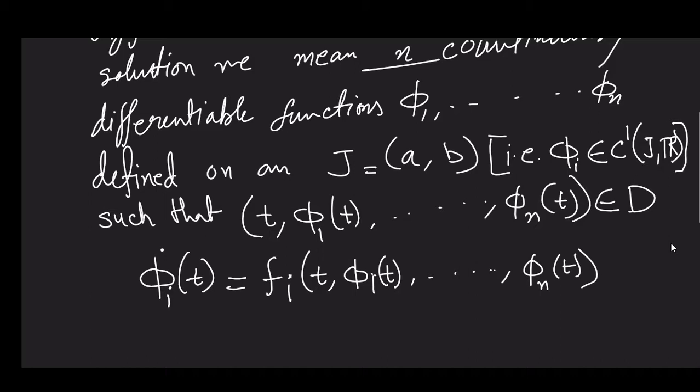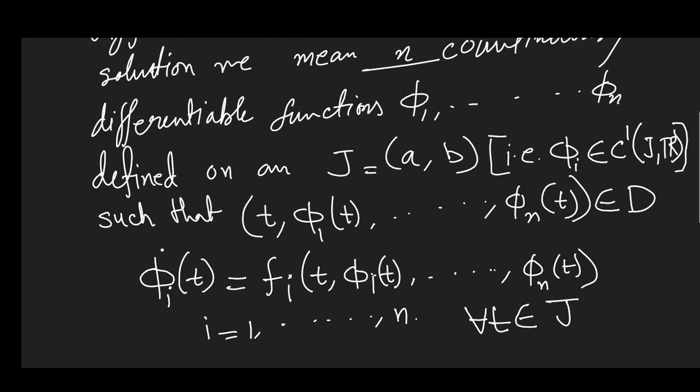Now this is for i equal to 1 to n, and this is true for all t that belongs to that interval J. So basically we are picking up a chunk of time, and within that time chunk we observe that these are the functions.